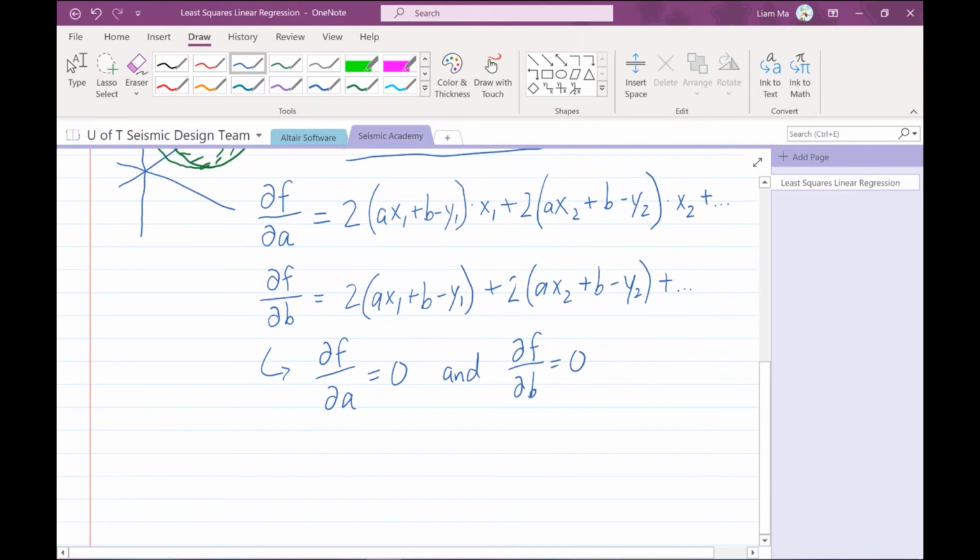This is not enough to guarantee a minimum point, because if you recall from calculus class, if you have some slope that's equal to 0 at a point, you can either have a maximum, as shown here, or a minimum, as shown here. And in single variable calculus, the other case is what's known as an inflection point.